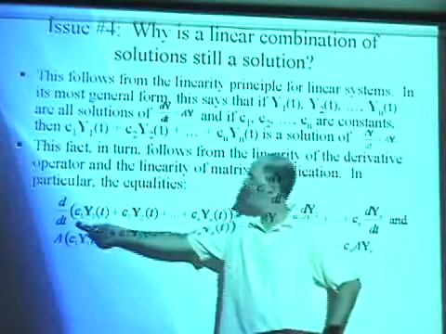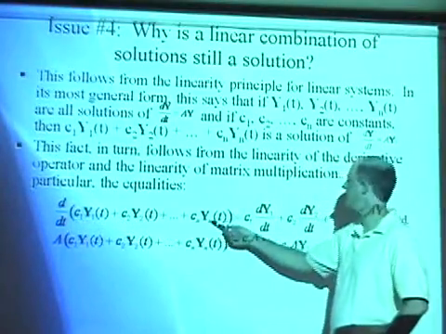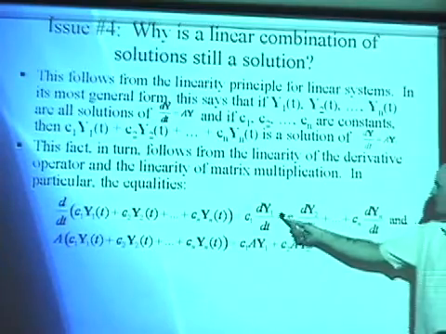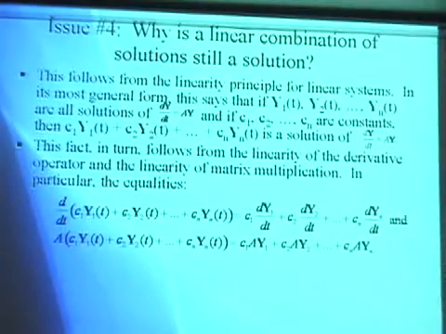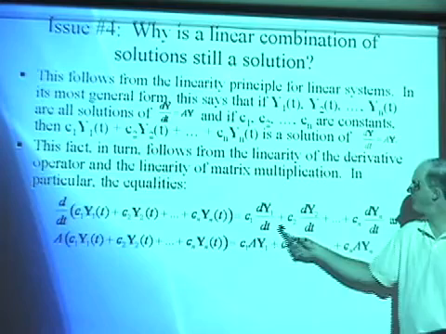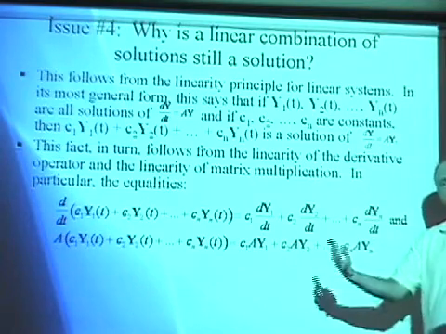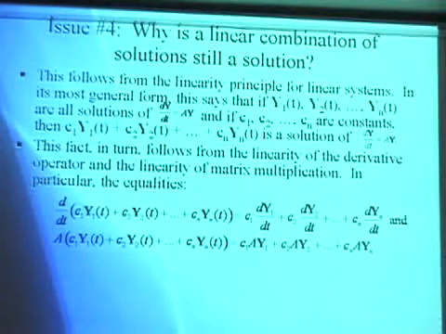When you differentiate a linear combination, you get the corresponding linear combination of the derivatives of each function. The coefficients, the c1 through cn, still stay the same. That's something that you have used since Calculus 1, that you can differentiate sums of functions piece by piece, and you can factor constants out, carry them along for the ride.